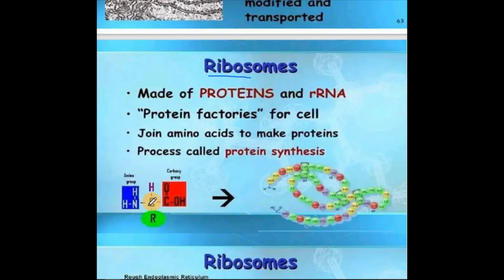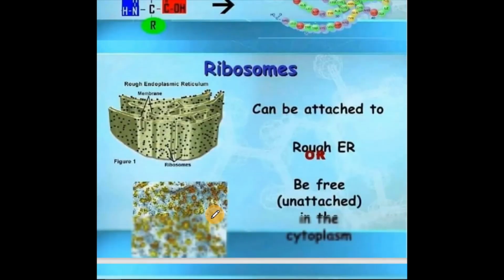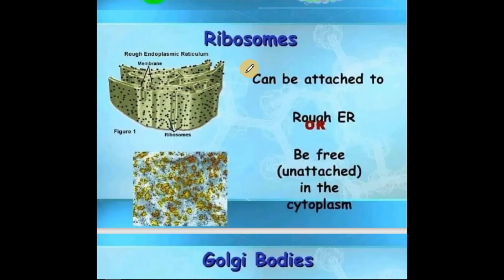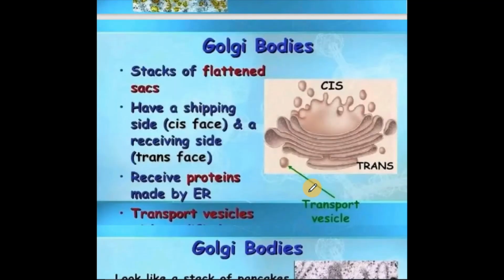An amino acid is made of carbon, an amino group, a carboxylic acid group, and a side chain which differs among various amino acids. So ribosomes can be attached to a rough endoplasmic reticulum, or they can be free in the cytoplasm. Let's look at the last organelle and we can end the video here.